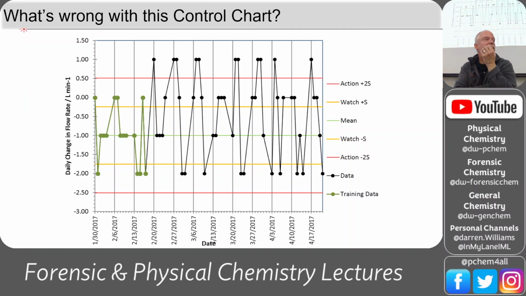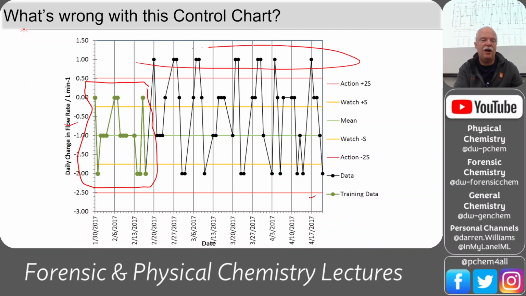It looks like it's shifted up, but you can see the training period was used to set those limits. Okay, and so notice the training limit was here, and so it set those limits, and now we've got this limit up here, and it's going out a whole bunch of times. So that is an indicator that something's wrong, but it may not be an indicator that something's wrong with the process. So look at this data and tell me if something's wrong with the data.